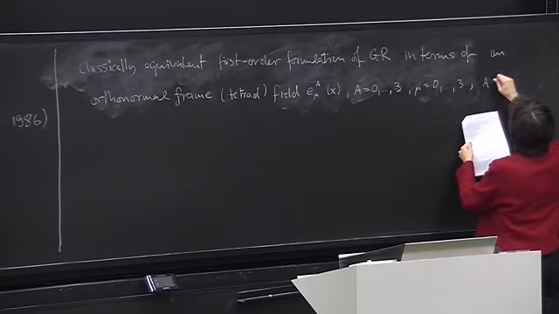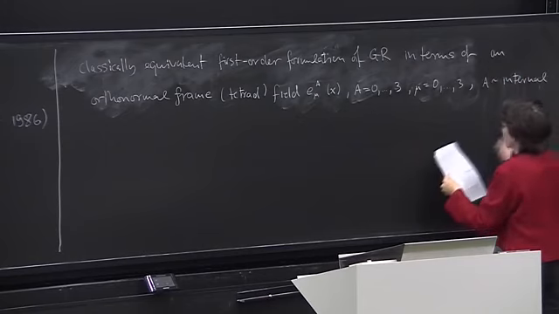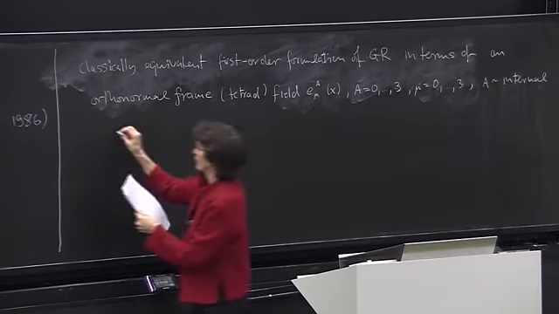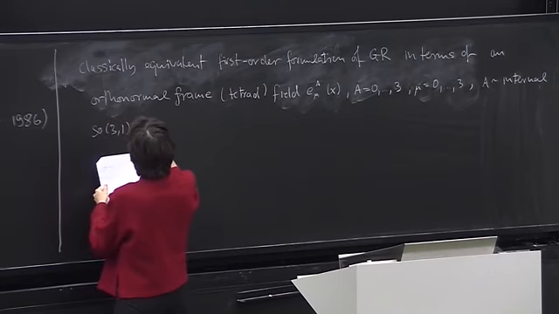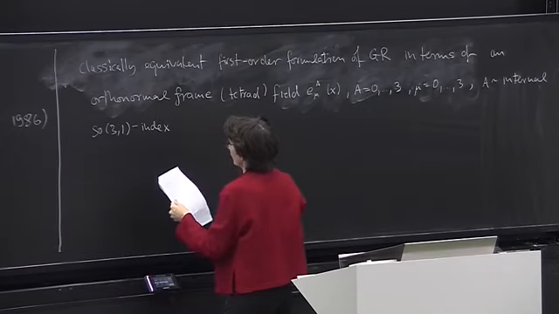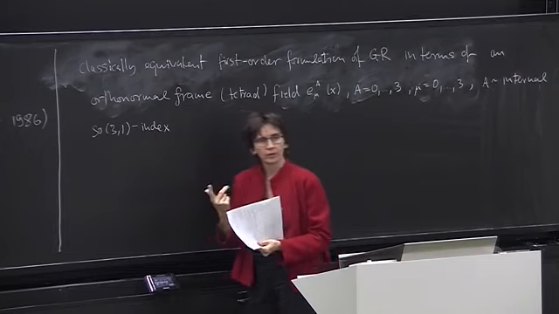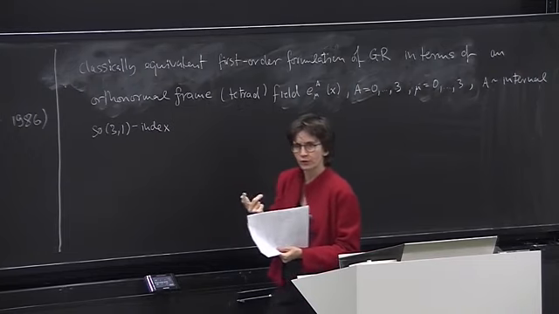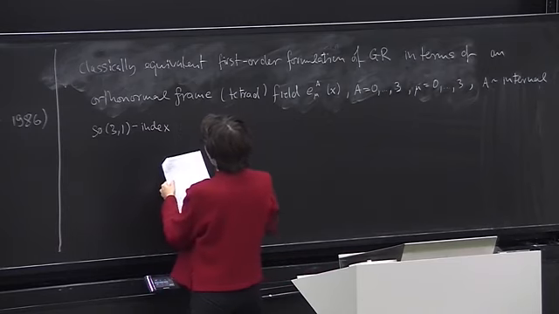And the A is an internal SO(3,1) algebra index. So that means you think of a Minkowski vector space with Minkowski signature attached to each point of your base manifold.